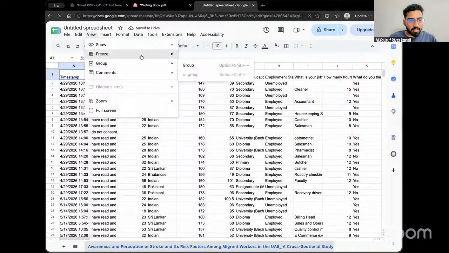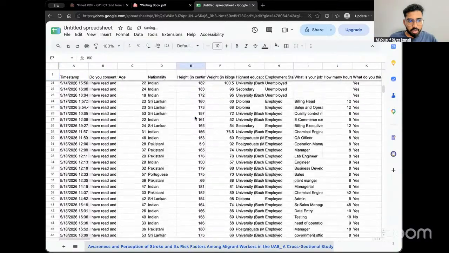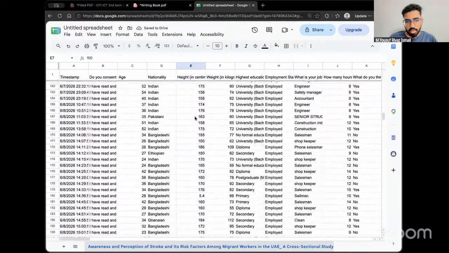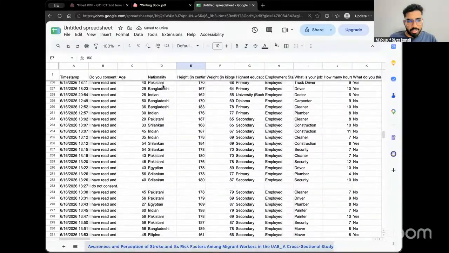Okay, so basically I have some data here. These are several rows, and you can see there's a column called nationality, with multiple different nationalities.